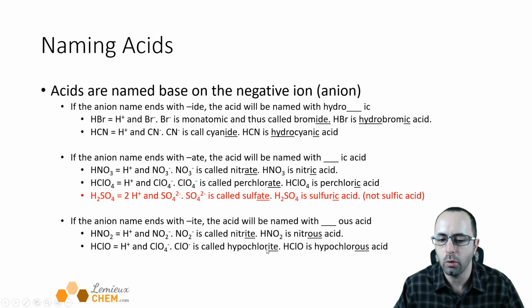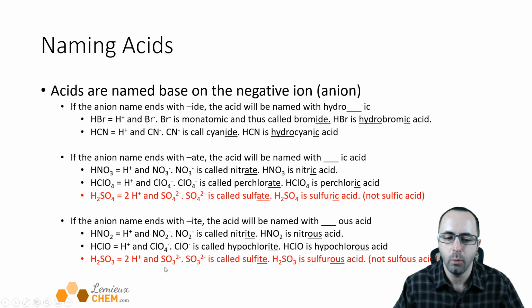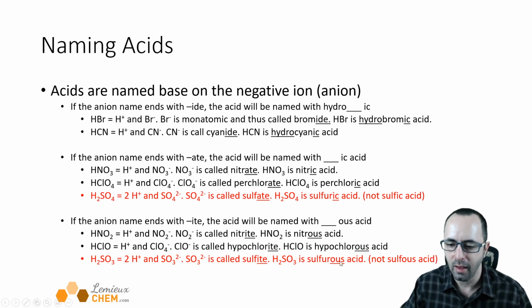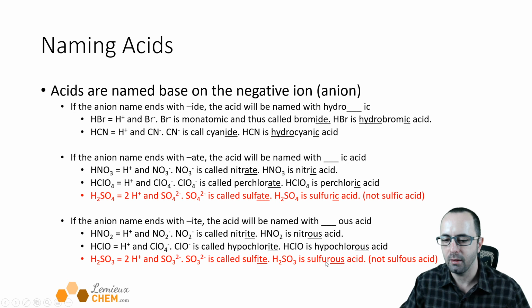That's called the hypochlorite ion. So this 4 shouldn't be here. And so HClO is hypochlorous acid. Because the name ends with ite, the acid name ends with ous. And we have the same exception with sulfite here. So H2SO3 has a sulfite ion in it. Its name is sulfurous acid, not sulfous acid. That ur stays.